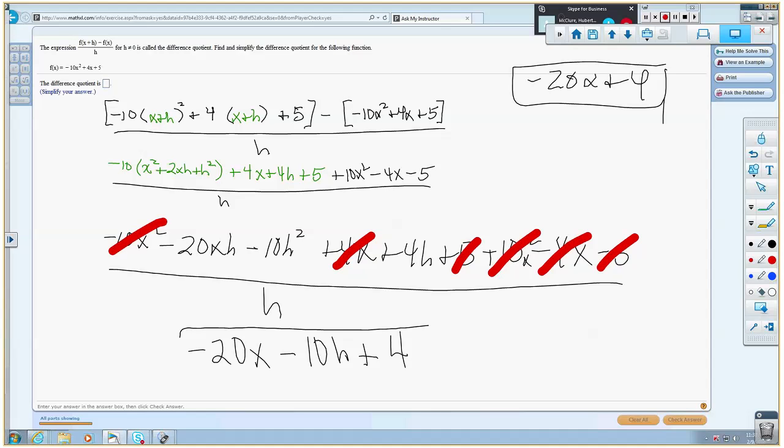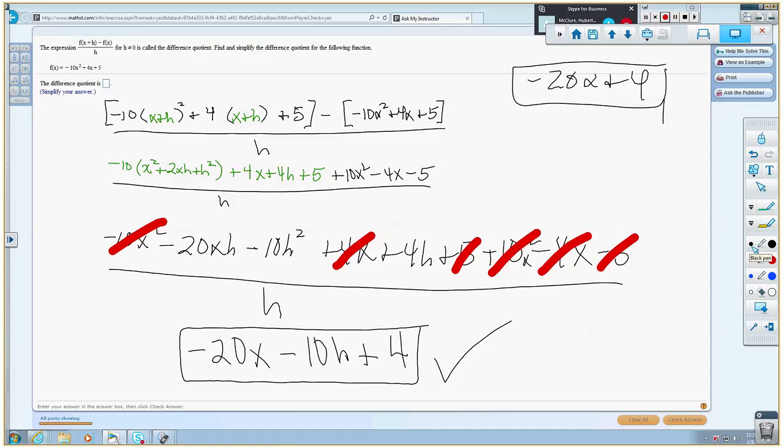And in calculus, the 10h goes out and we're left with that. So I do that, check to make sure that I'm right. That's your answer. And that's how you do that one.